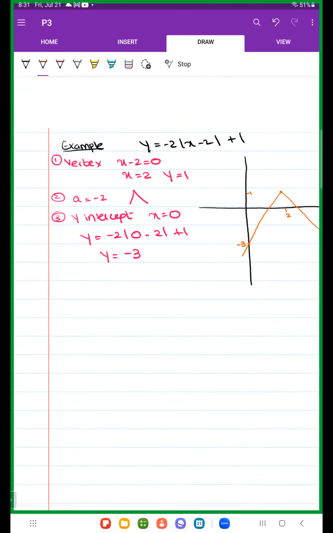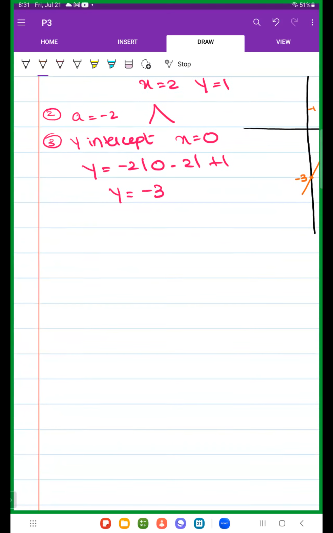Let me give you another example. I want you to draw this one on your own.